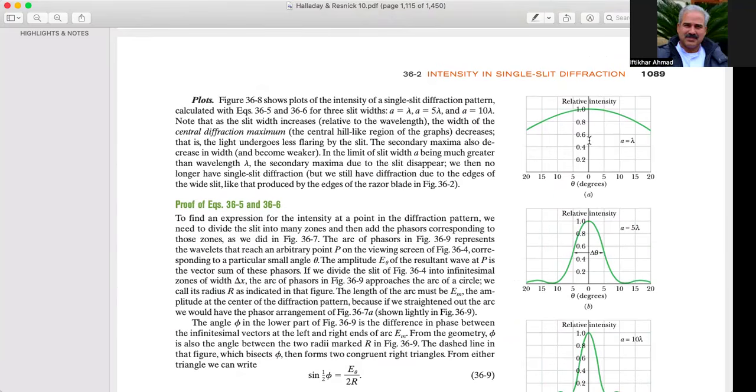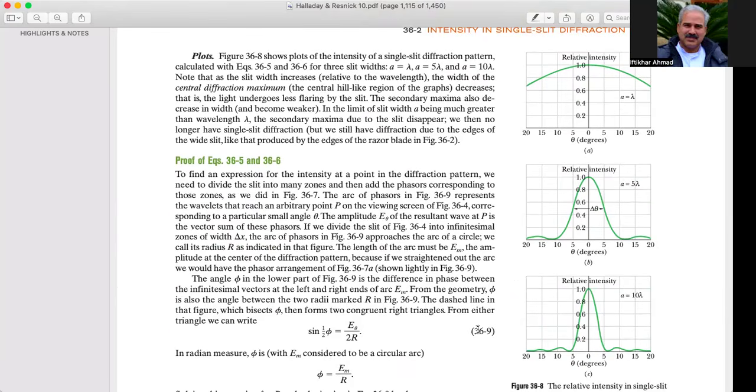the slit size, then diffraction happens. Look at here. These are different cases. Here the wavelength is comparable to the slit size. In this one, the slit size is 5 times the wavelength.